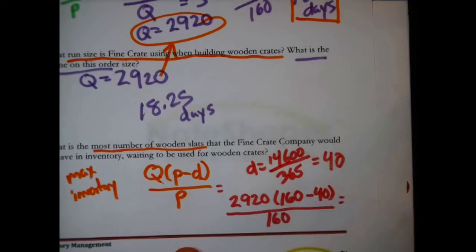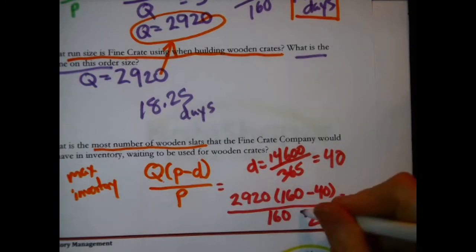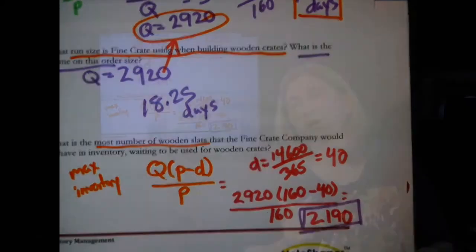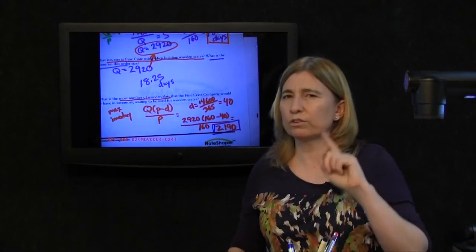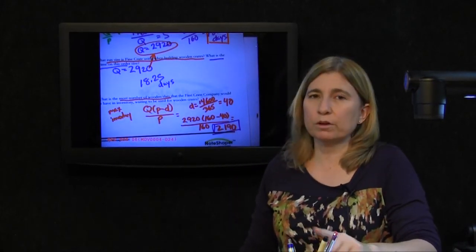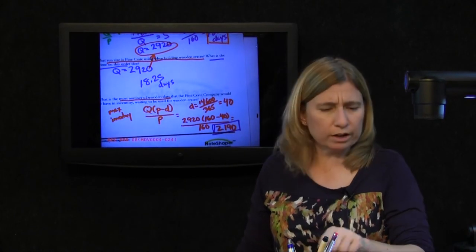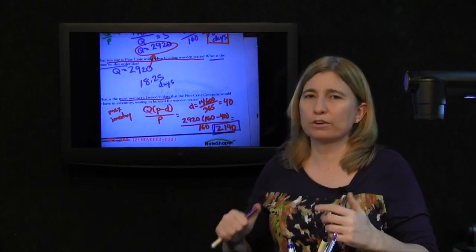I get 2,190. That is the answer. If they are producing 5 times a year, they're producing 2,920 wooden slats at a time. And if you were to go to visit them, they never have more than 2,190 slats in inventory. That is maximum inventory.